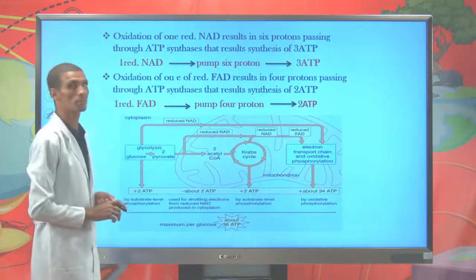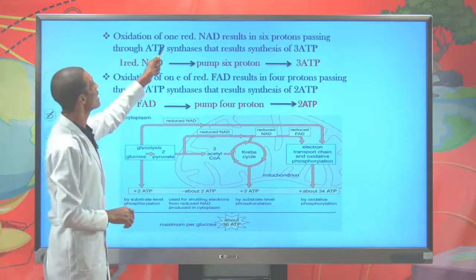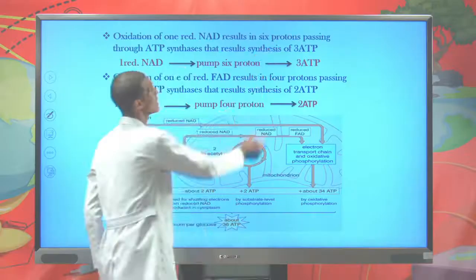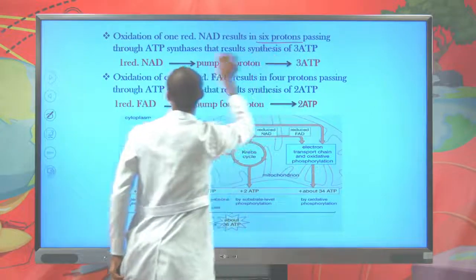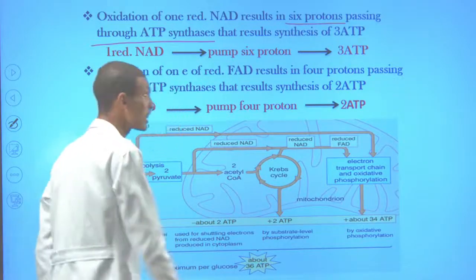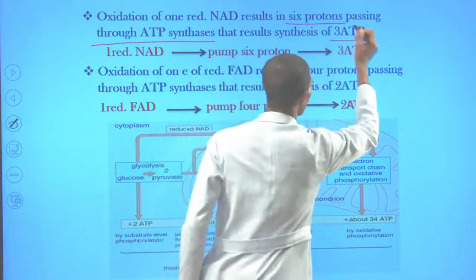Let's see this. An oxidation of one reduced NAD molecule results in 6 protons passing through ATP synthase, which results in production of 3 ATP molecules.